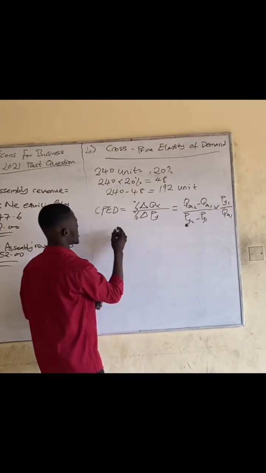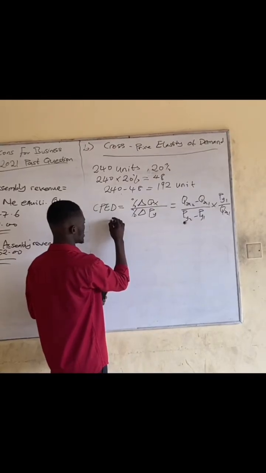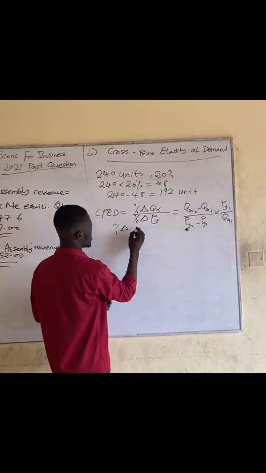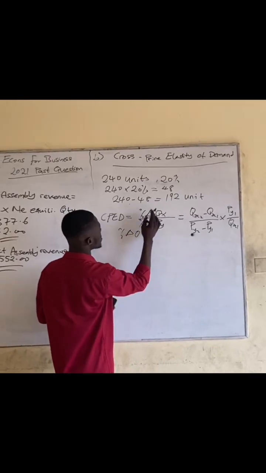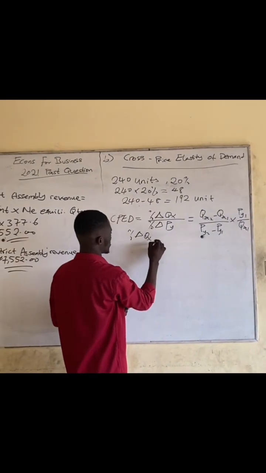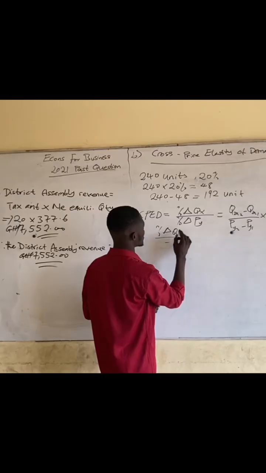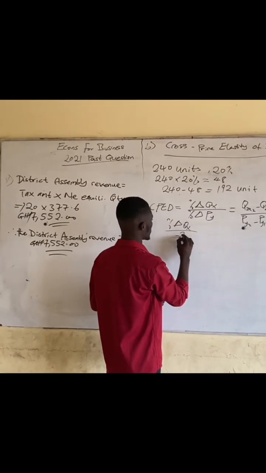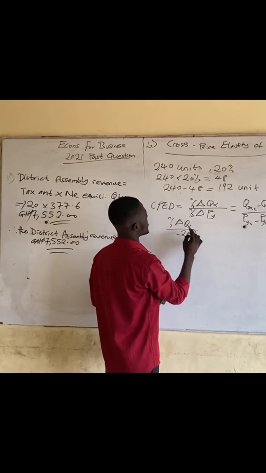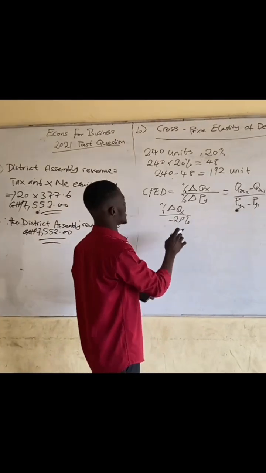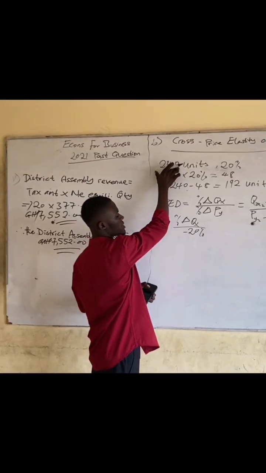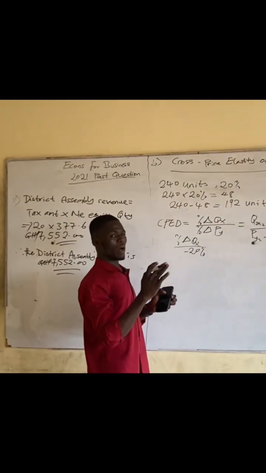Okay, so here, the percentage change in quantity is equal to minus 20%. The reason why it is minus 20% is that the 240 is equal to 100%.